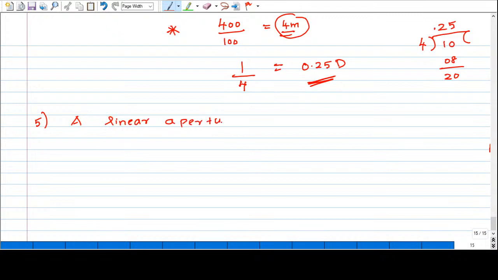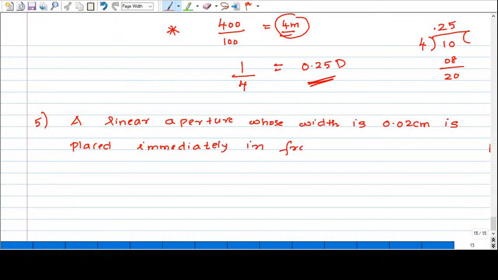A linear aperture whose width is 0.02 centimeter is placed immediately in front of a lens of focal length 60 centimeter. The aperture is illuminated.